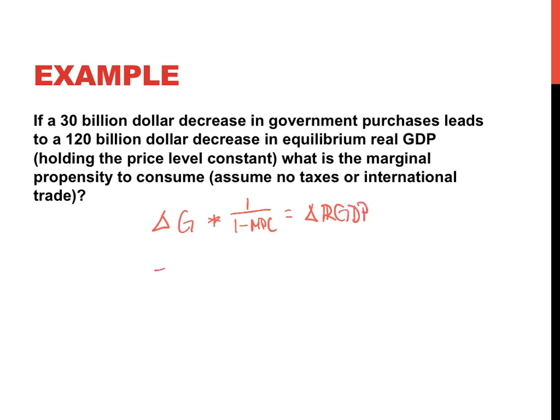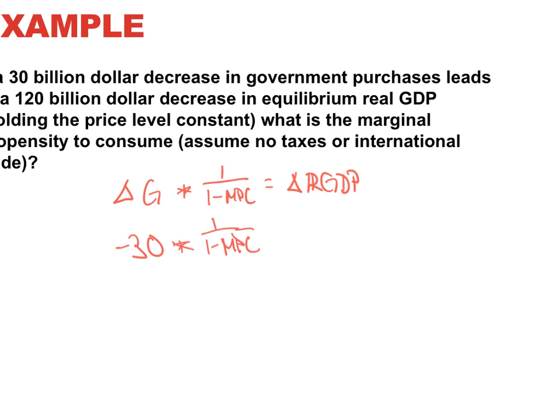So we have a $30 billion decrease in government purchases, so negative 30, times 1 over 1 minus the MPC. Remember, the MPC is what we're trying to find. And that's going to equal negative 120, since that $30 billion decrease in government purchases leads to a $120 billion decrease in real GDP.